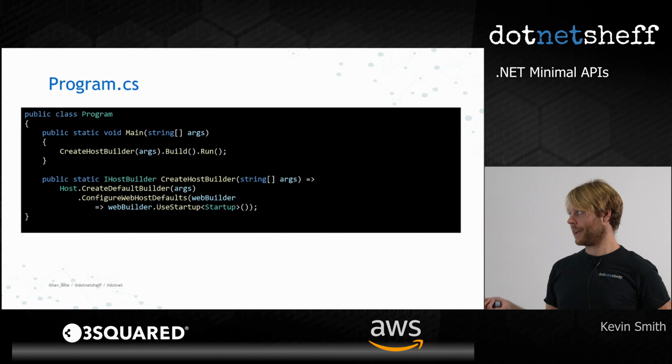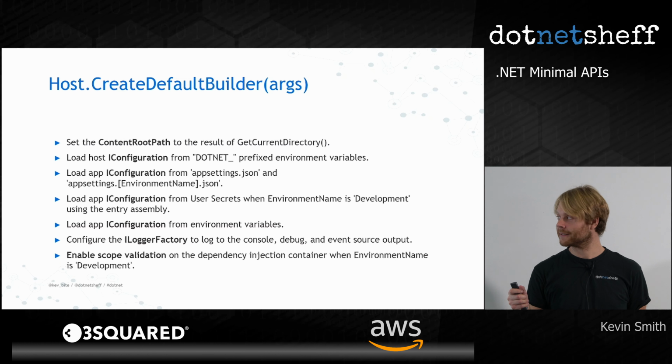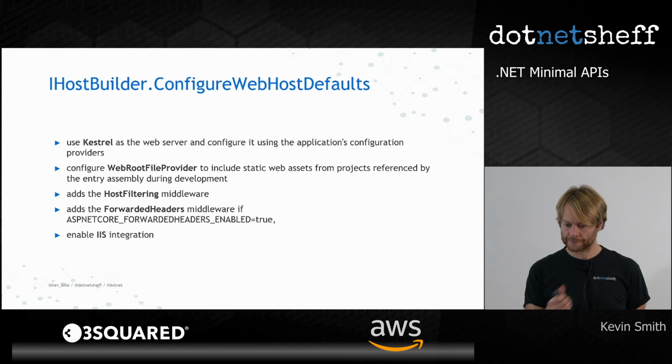To start off with, CreateDefaultBuilder sets a bunch of paths, so it knows where to find the files on disk. It also configures the IConfiguration for .NET, so it sets up getting the environment variables and the settings JSON file and your settings.environment.json files. So it does all that for you. It also configures the logger and does some validation on the scope as well.